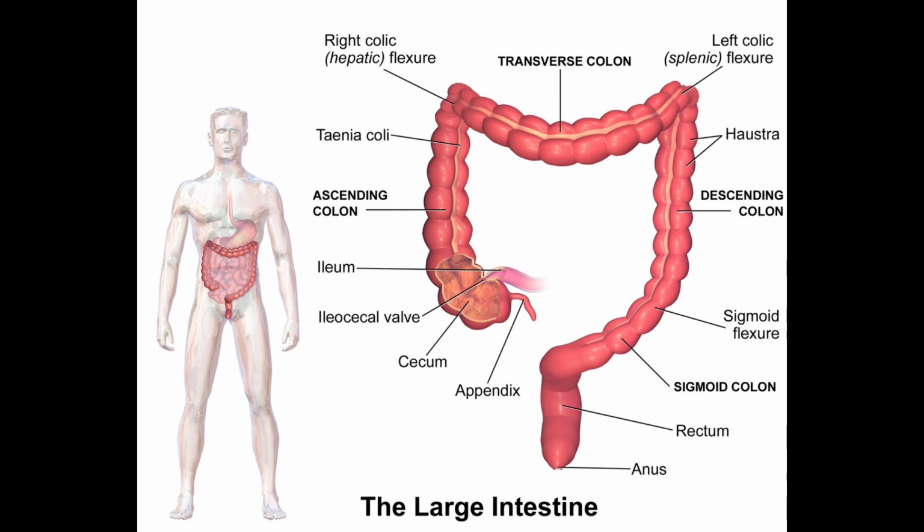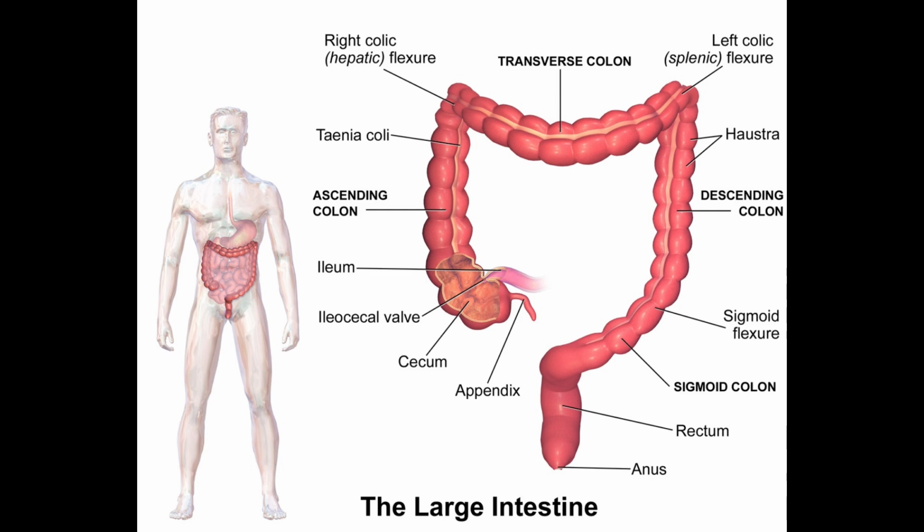Unlike the small intestine, which kind of just squiggles around and has a very complex structure, the large intestine has a much more defined structure. It sort of goes around the outside of the small intestine, where the small intestine is located kind of in the middle of it. Indeed, the large intestine almost forms a complete square around the outside of the small intestine.